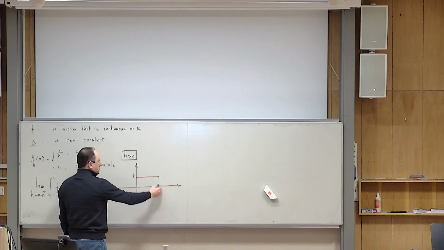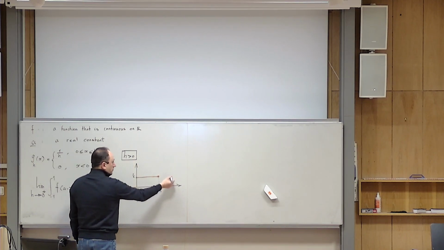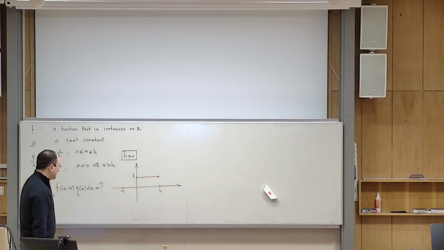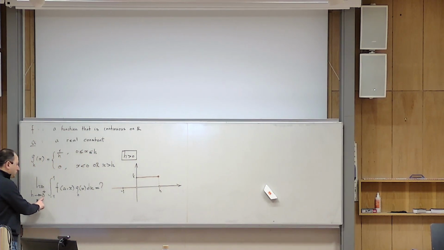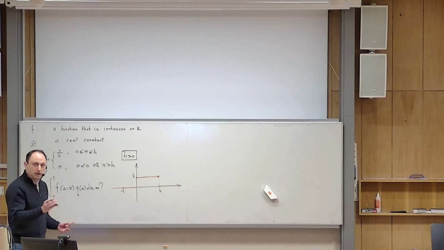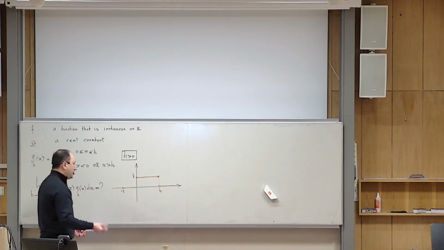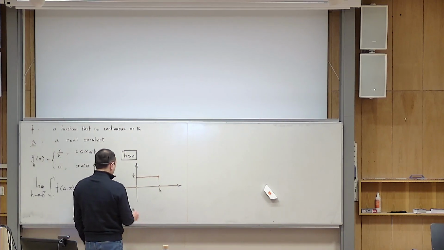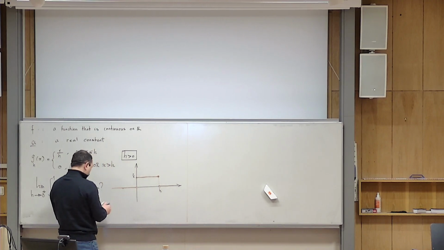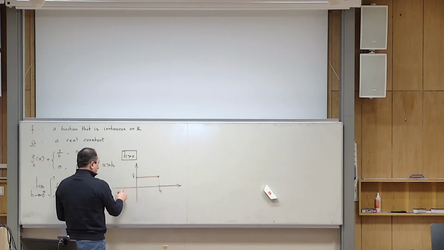Or might be h is smaller than 1, then 1 would be outside that closed interval. But because h is supposed to approach 0, this means that if I want to calculate this, I do not care about the values of the function when h is large. I want to look at the function when h is small. So if that h is small, I can safely assume that h lies within the interval from 0 to 1.